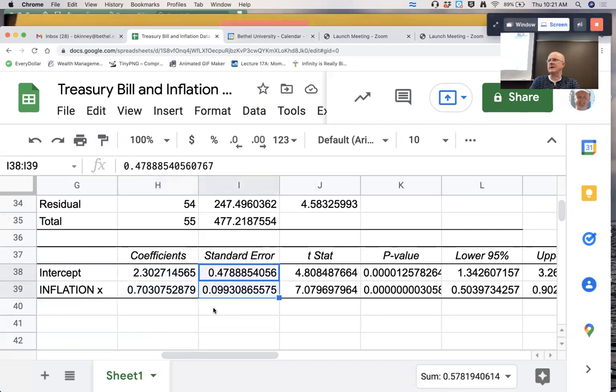The standard errors here are effectively estimates for standard deviations of certain sampling distributions. Say that again. Those standard errors are effectively estimates for standard deviations of certain sampling distributions. What distributions?